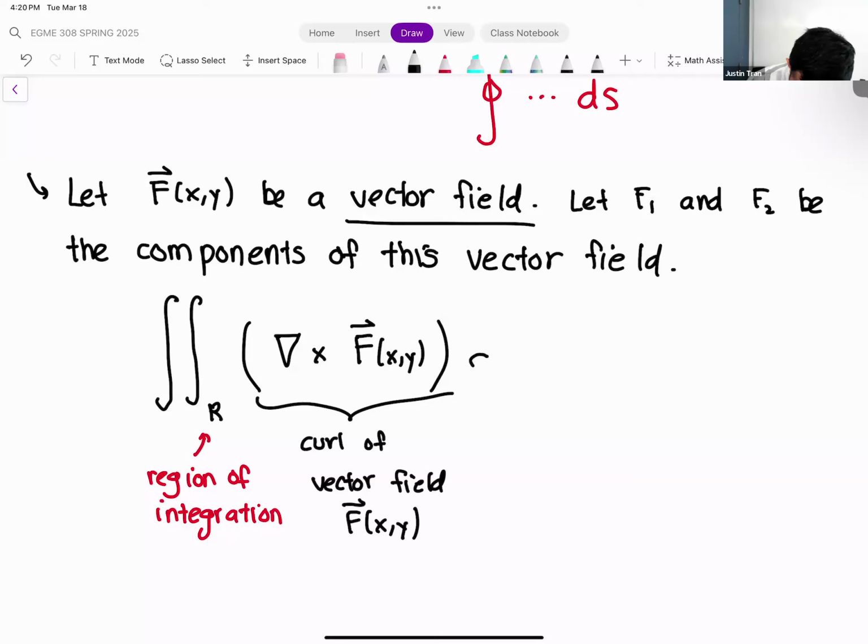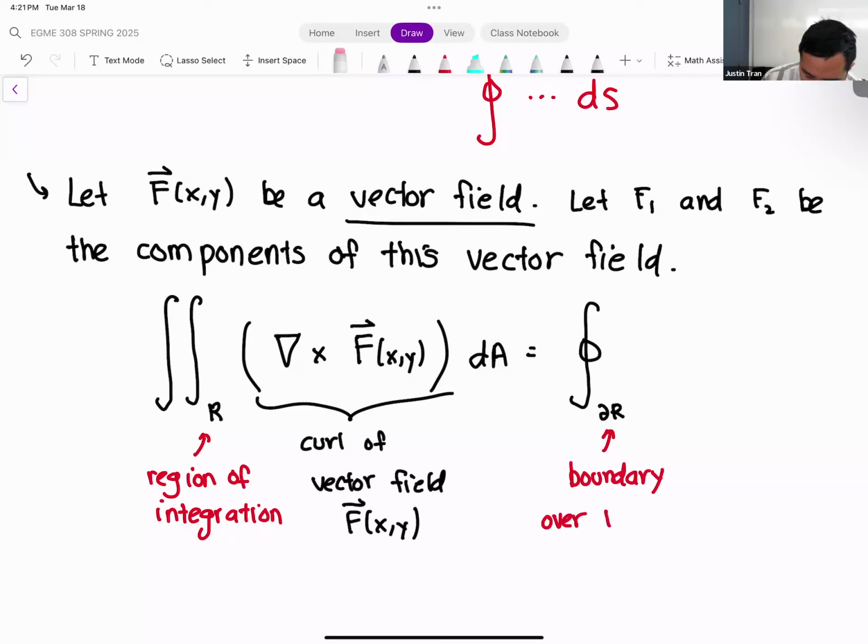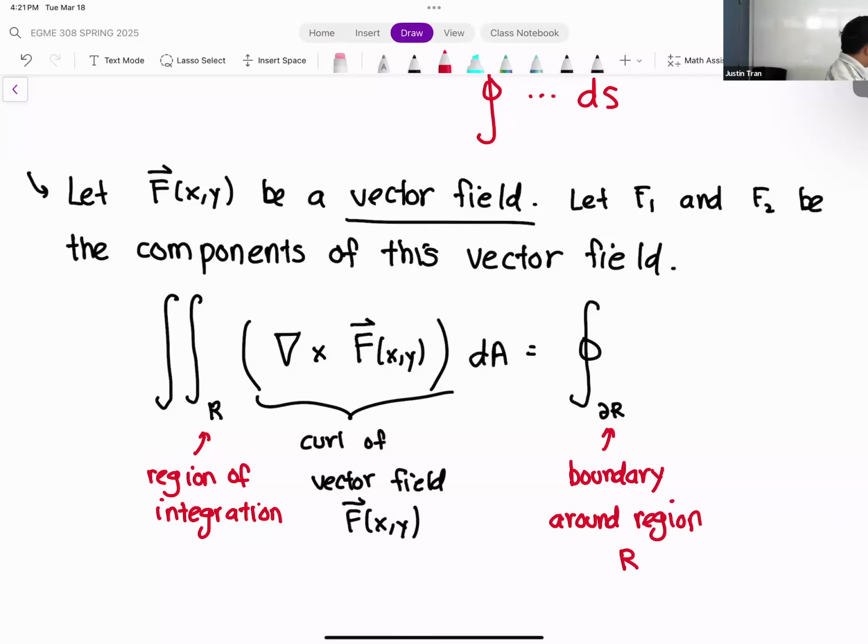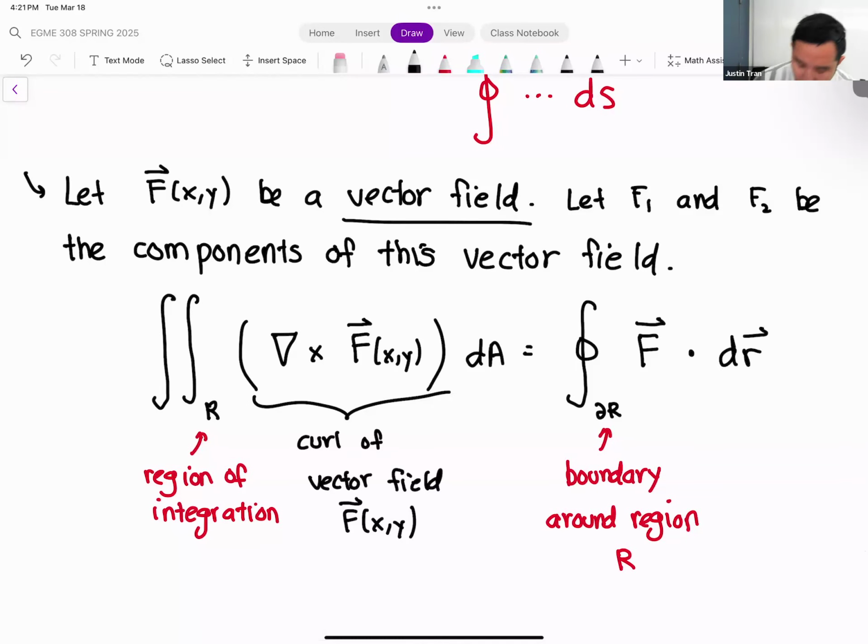The curl, remember, is just the nabla crossed with the vector field. This is going to be equal to a line integral around the boundary of that region R. The boundary of the region is given by delta R, so this curve right here is the boundary around the same region R. And the integrand in this case is the vector field F dot product with the curve around the integration boundary.